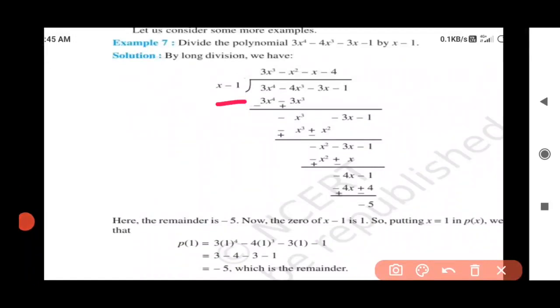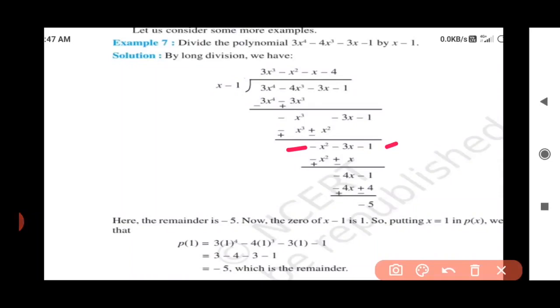Minus x squared into x, minus x cube. Minus x squared into minus 1, plus x squared. So minus x cube plus x cube is 0. So this term is 0. So 0 plus 0 minus x squared is minus x squared. The remaining term is minus x squared minus 3x minus 1.